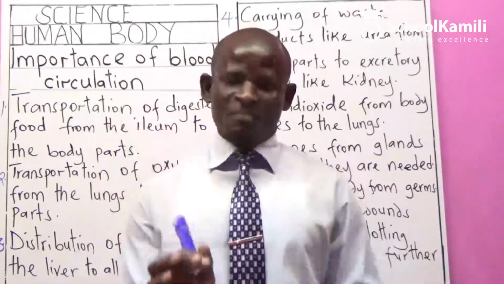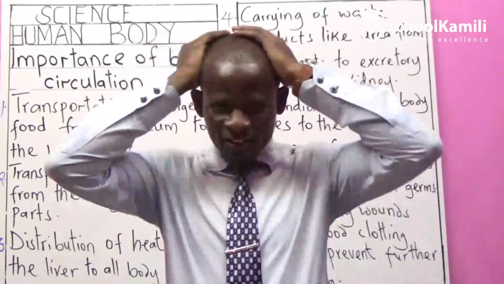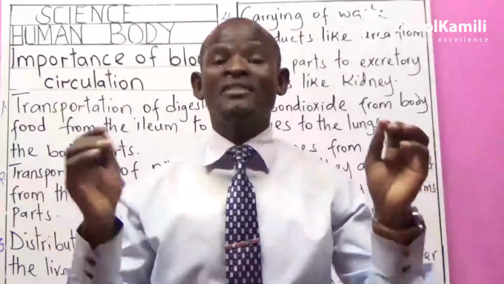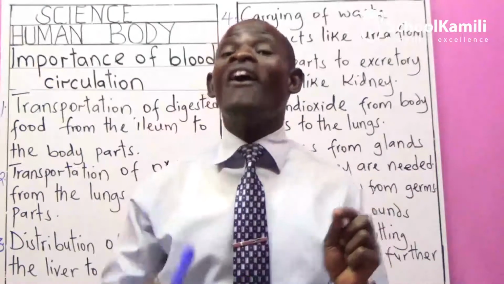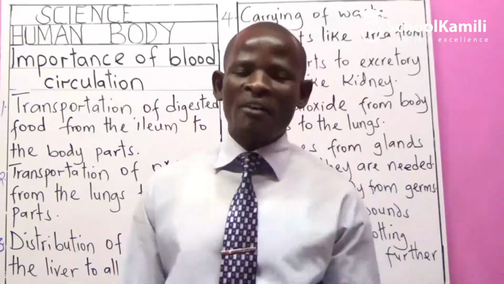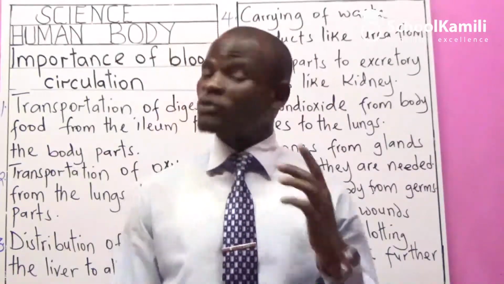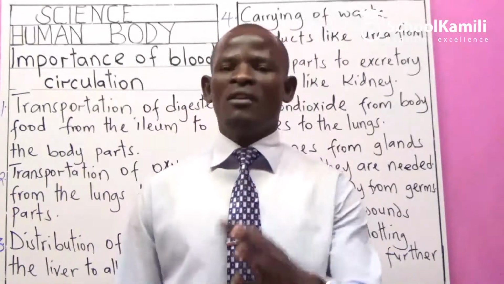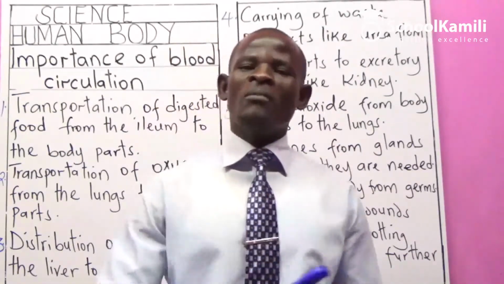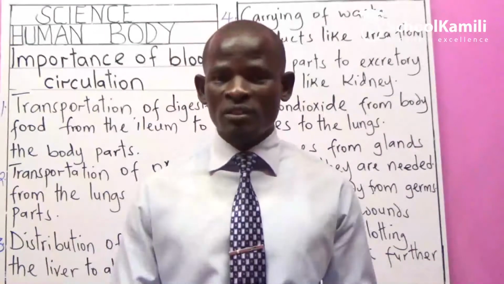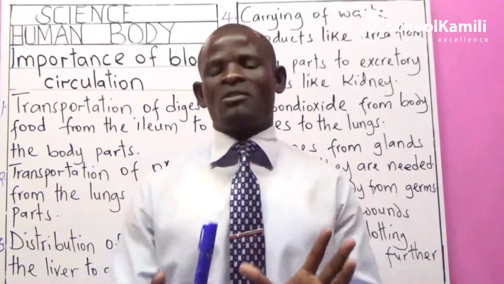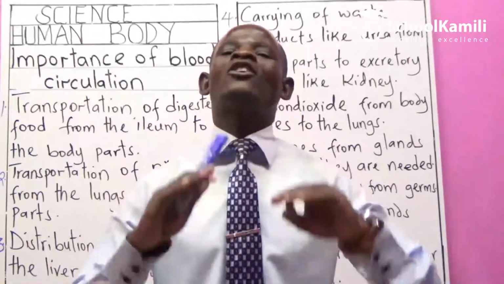Therefore, if the temperature of the head is 37 degrees Celsius, the same temperature of the leg, we are going to have 37 degrees Celsius. And that's why it's important for the blood to flow from one body part to the other. It distributes the heat. It makes sure that the body temperature is constant.